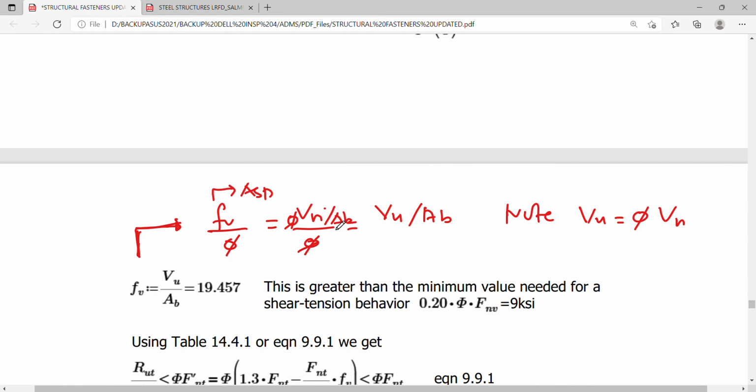And the Vu will be the one to be considered in our FB equation to get the actual shear stress, 19.457. And this is greater than the minimum value needed for the shear tension behavior to occur.